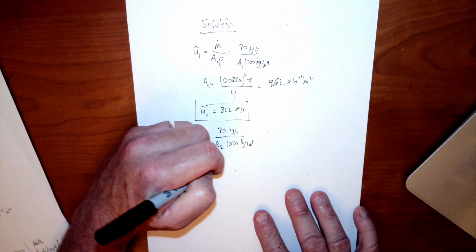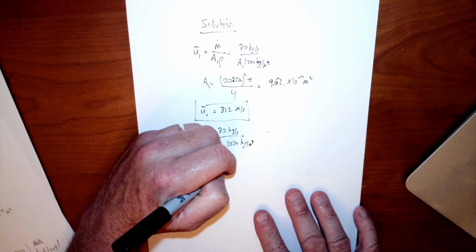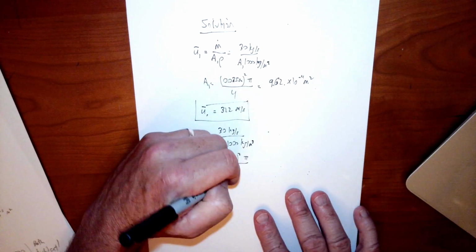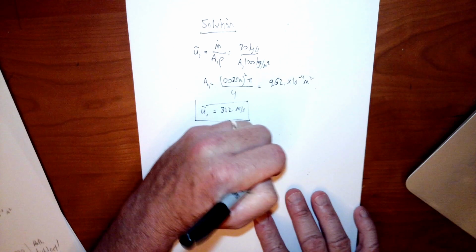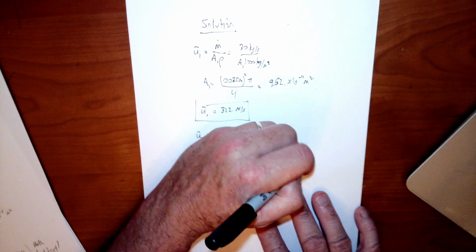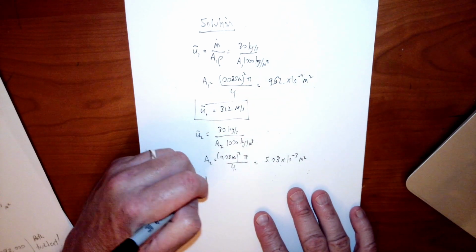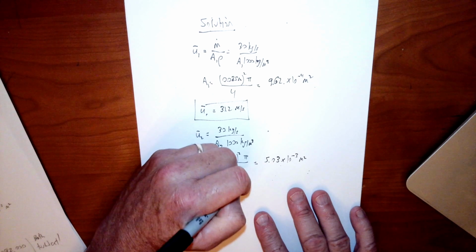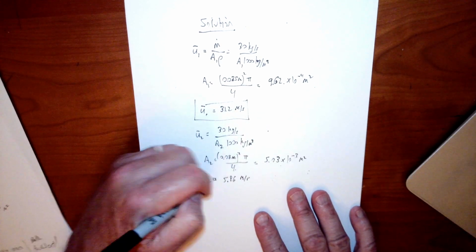A2 is now the larger diameter, 0.08 meters squared times pi over 4, which is equal to 5.03 times 10 to the minus 3 meters squared. When I plug that in, I get an average velocity of 5.96 meters per second. So those are my two velocities.